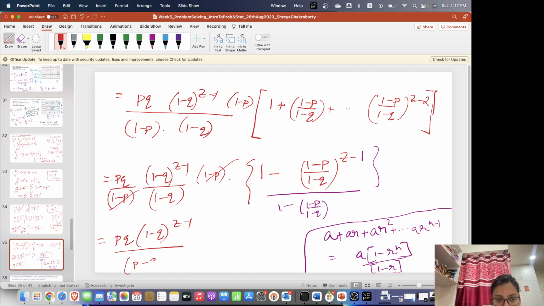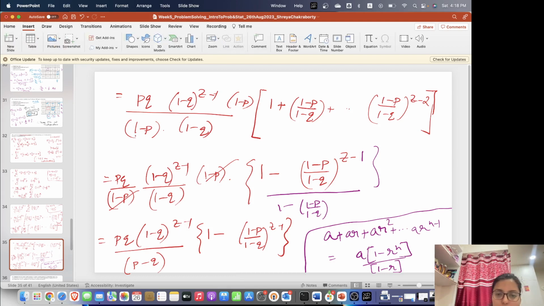We'll have p minus q, and we'll have 1 minus p by 1 minus q to the power z minus 1. Here there is some issue with the simplification. What is the problem? The denominator is 1 minus q minus 1 minus p.